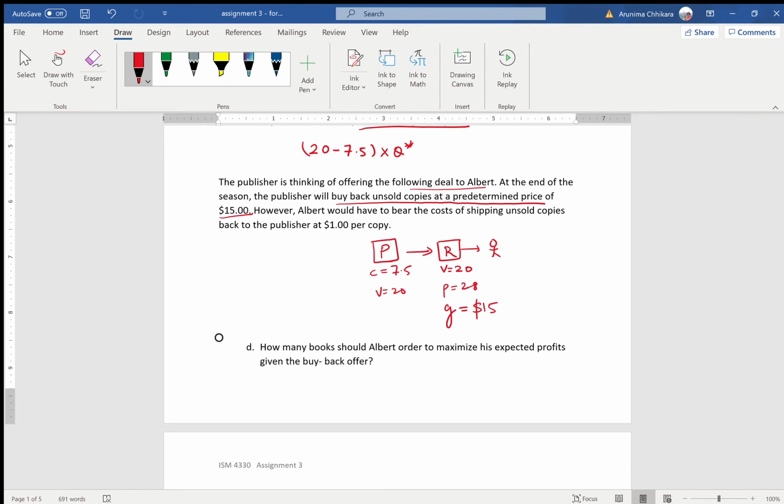Well, no, 15 will not be the salvage value because Albert also has to bear this shipping cost, so it gets subtracted from the salvage. So for each unsold copy, the retailer, Albert, makes $14 in this case. Once we have that information, the question again becomes straightforward.